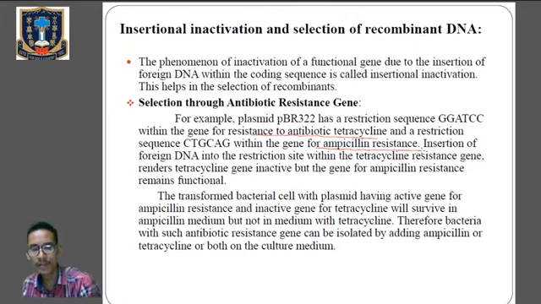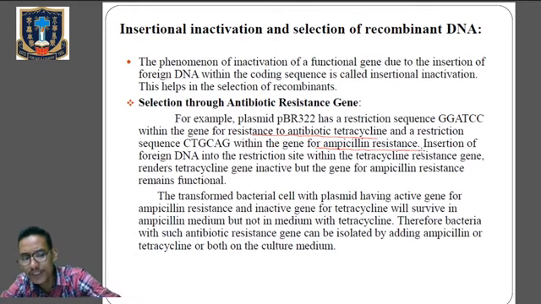We are going to make one of the antibiotic resistance sites inactive. Between the two sites, ampicillin and tetracycline, we are inserting the foreign DNA into the tetracycline resistance site.